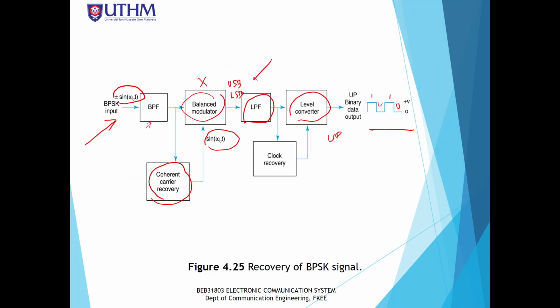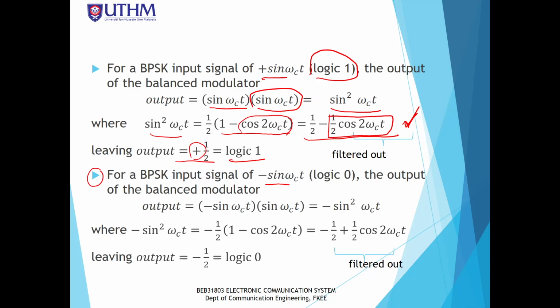So here at the receiver, we are receiving negative sine, so this is actually logic 0. The output of the balanced modulator would be the input multiplied with the carrier sine wave.